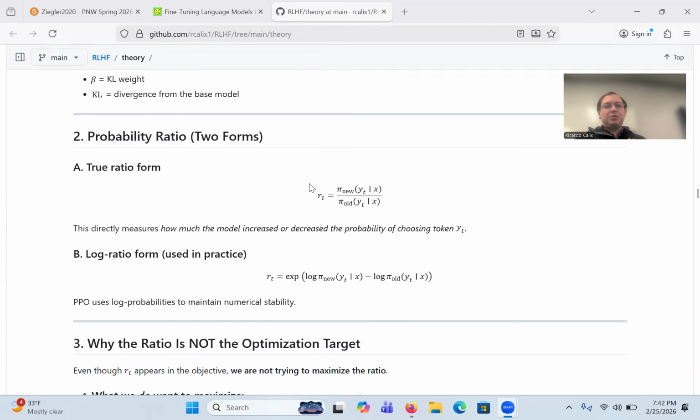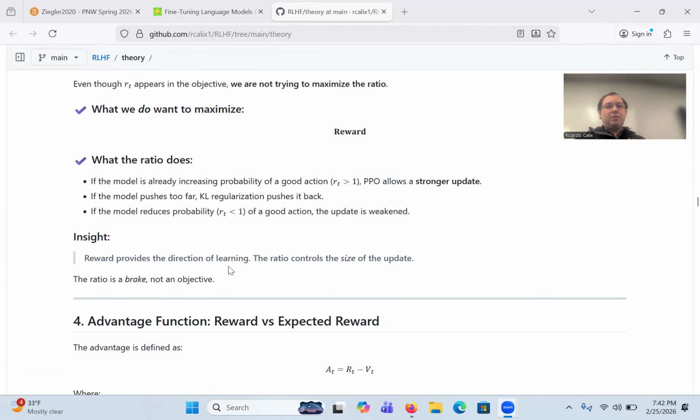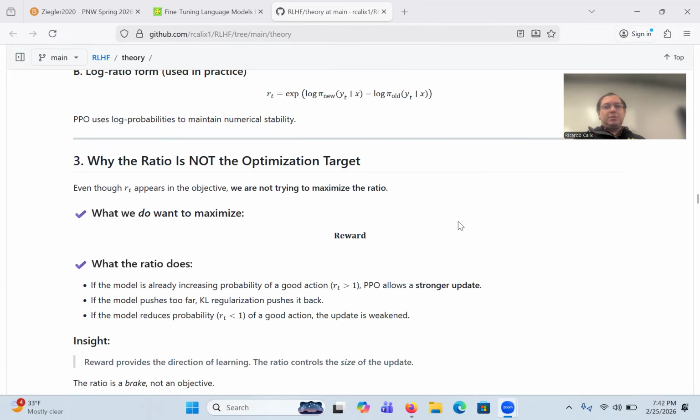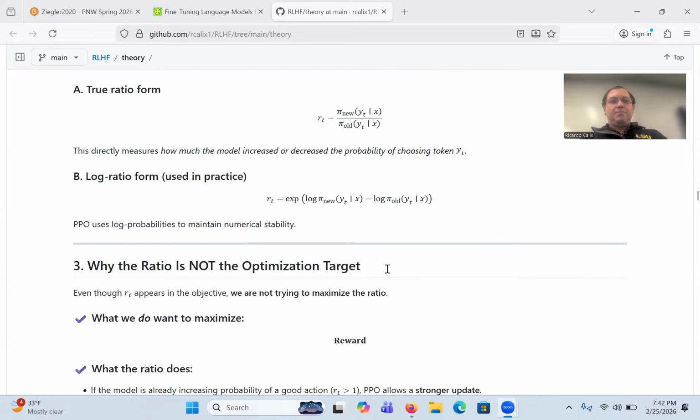The advantage function is really the reward minus some baseline, which I wrote over here. So this ensures PPO only reinforces actions or generated text that outperforms the model's existing behavior. So it's just that incremental. Like in calculus, it's always about the differential of something. Okay?